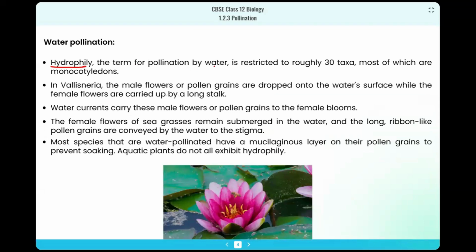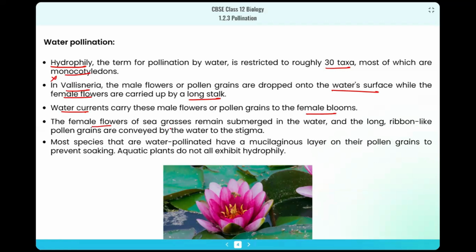And this term for pollination by water is restricted to roughly 30 taxa, most of which are monocotyledons, that is monocot plants. Now, in Vallisneria, the male flowers or the pollen grains are dropped onto the water surface while the female flowers are carried up by a long stalk. So, this is about the Vallisneria plant. Now, water currents carry these male flowers or pollen grains to the female blooms.